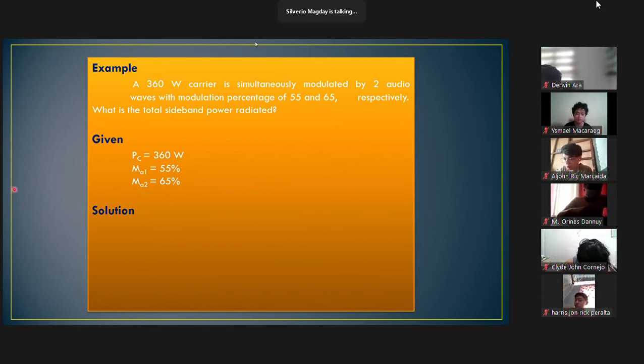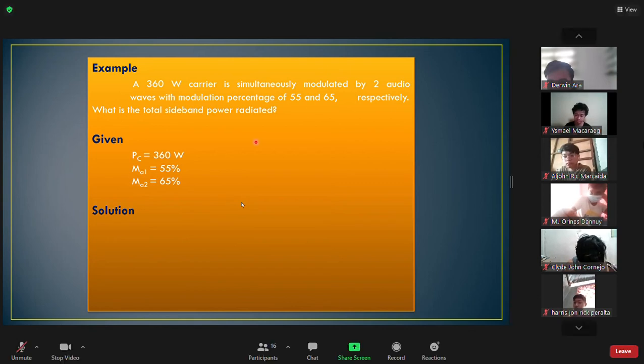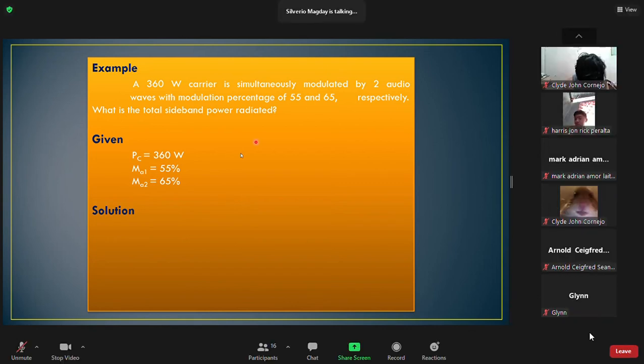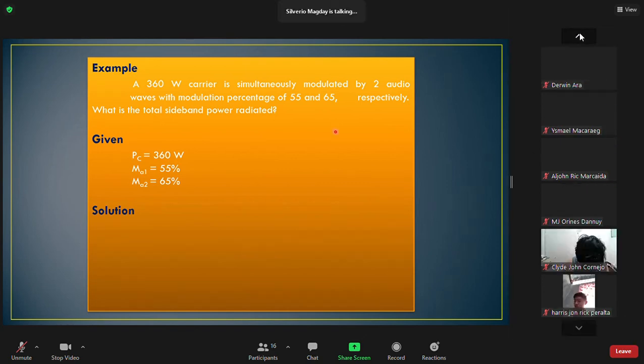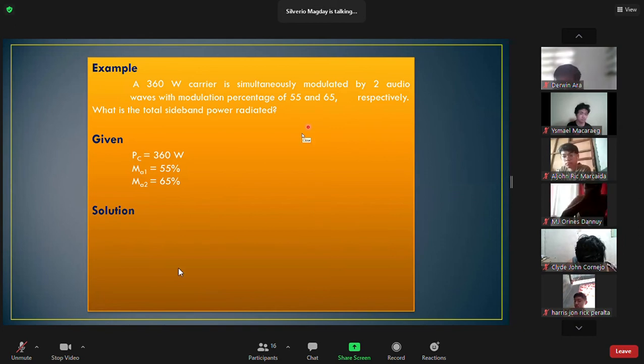Wala ata si Mr. Villanueva. Wala si RL sa mga EE. Ang dami ding wala sa ECE. Sino wala sa ECE? 7 kayo sa EE, siyam sa ECE. Supposed to be 16, so meron isang wala.